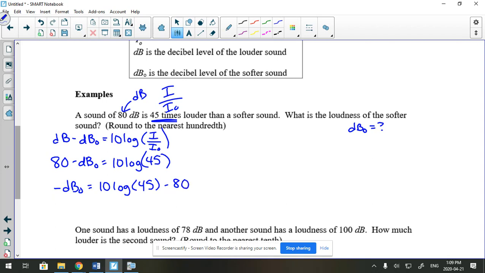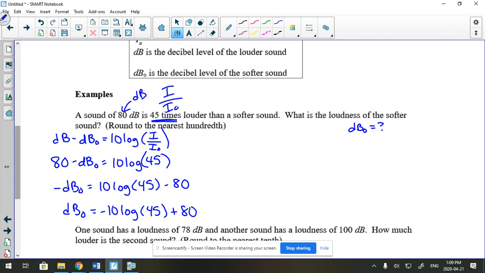And then I want to get rid of that negative, so I'm going to multiply everything by a -1 to get rid of it. So I'm left with this, which is a little different from my notes. I just did it in a quicker way in my notes. But either way will work.